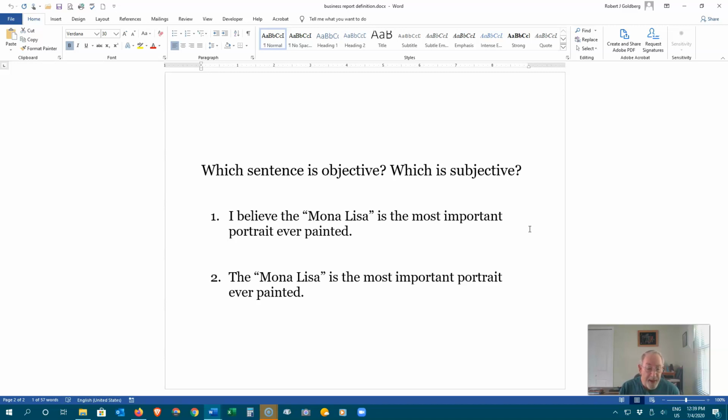If you said number 2, well, you are wrong, in a way. Number 1 is clearly subjective, not objective, because of the use of I believe. However, number 2 is the same sentence. It only sounds objective because it does not use I believe.